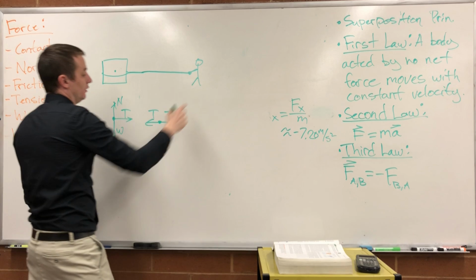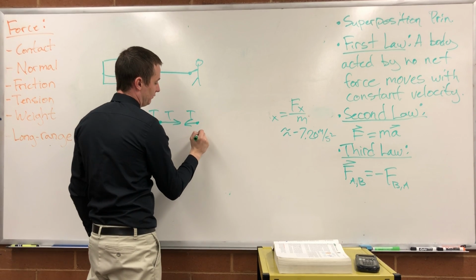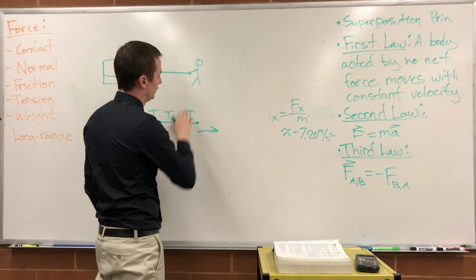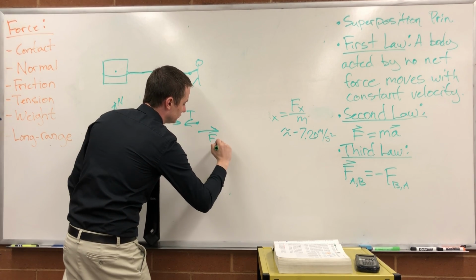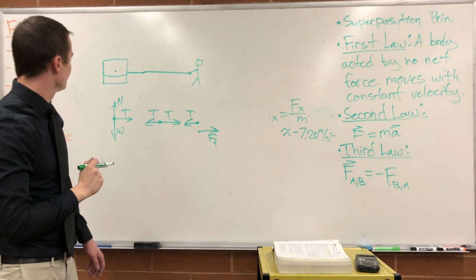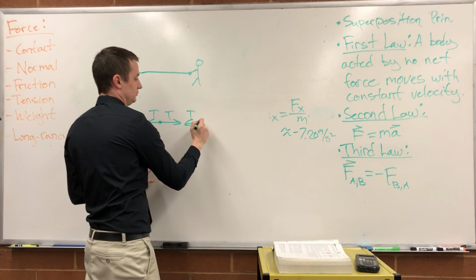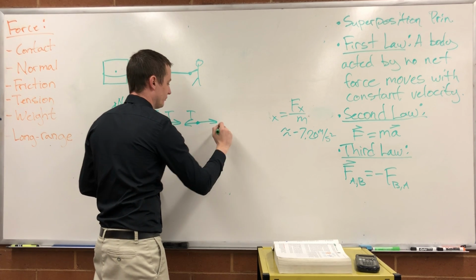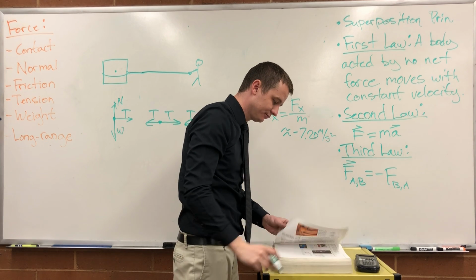From the man, we have tension pulling that way. We have friction from his feet on the ground pulling this way. That's the friction. I don't know why I drew that one down, I just had that as a point. And there are all the forces we have.